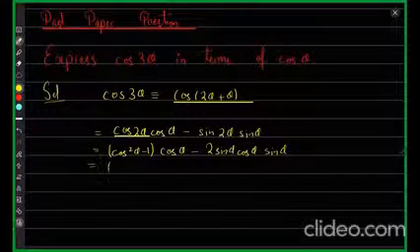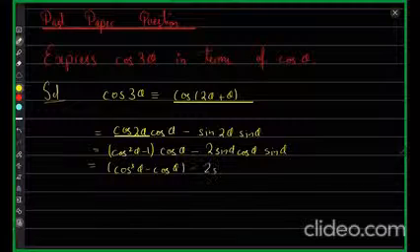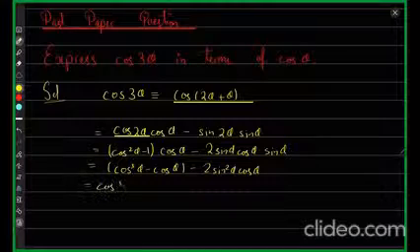This would give me 2 cos cube theta minus cos theta, then minus 2 sine squared theta cos theta.